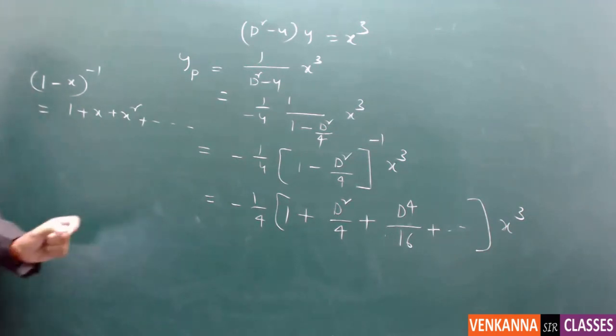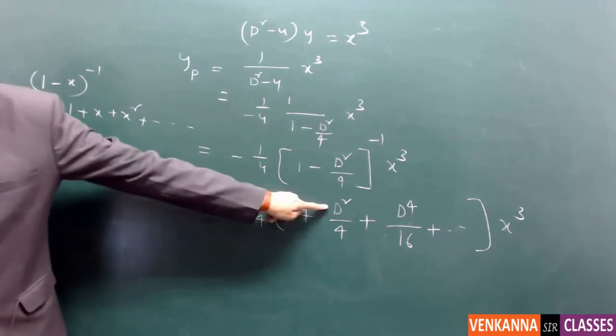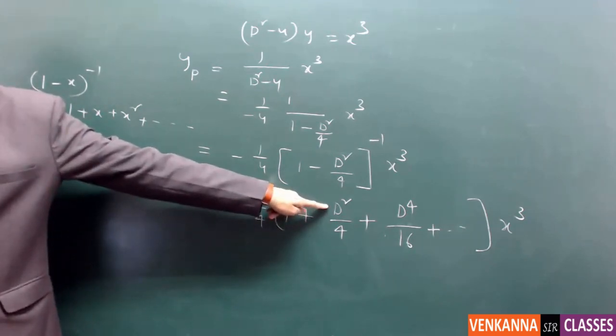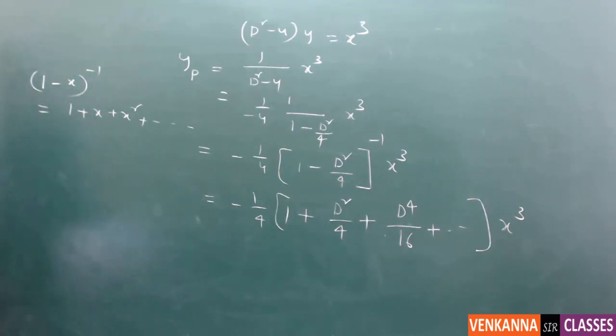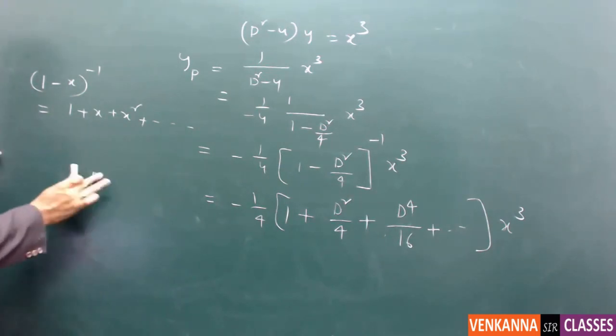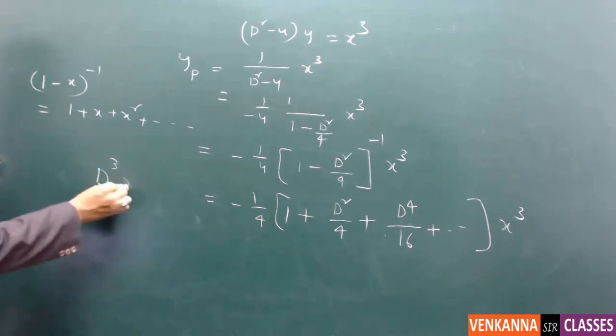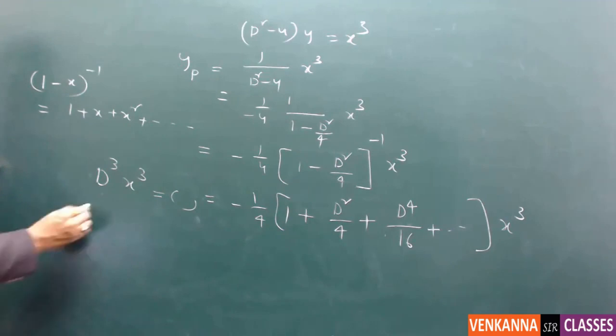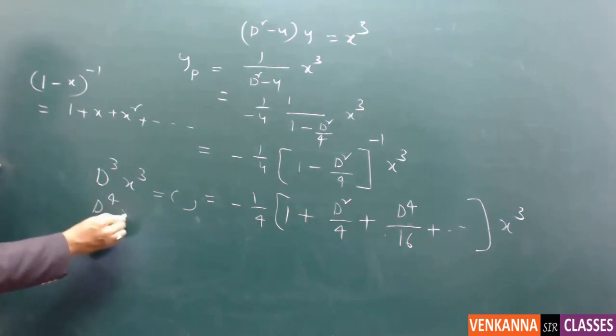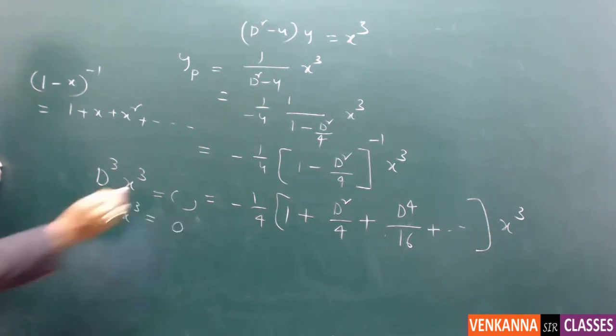Right. Now what happens? Please understand that D stands for differentiation. If you differentiate a function more than its power, it will become 0. Because we have d cube of x cube, which is a constant, and d power 4 of x cube is 0.